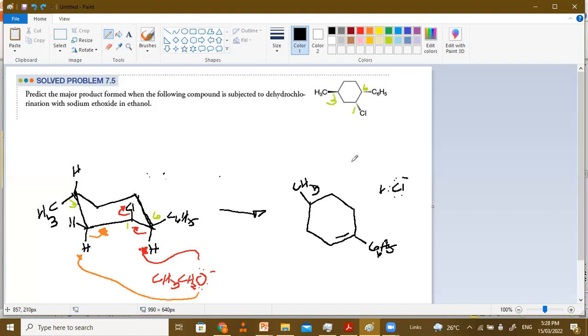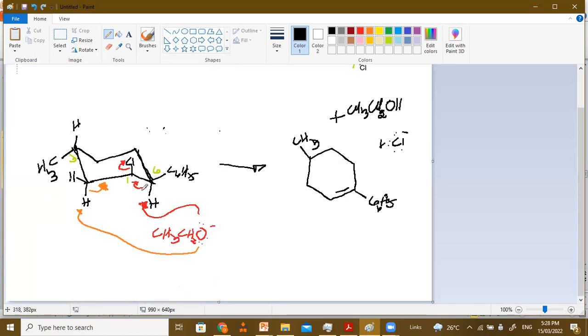Your other side product, which is CH3CH2OH, forms a bond. And then if this one is the product, if this base attacks this proton here, you will have this.